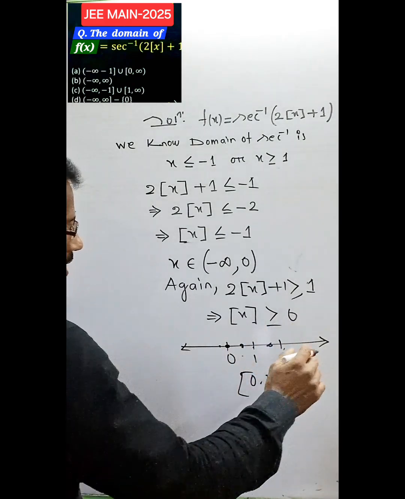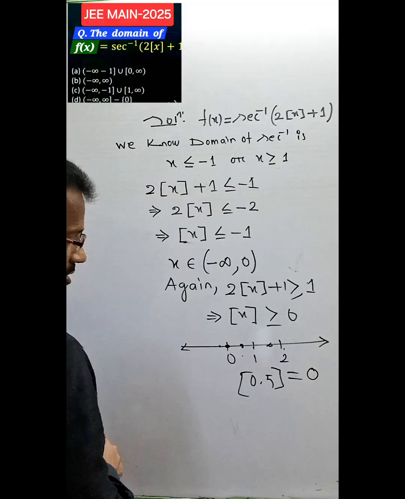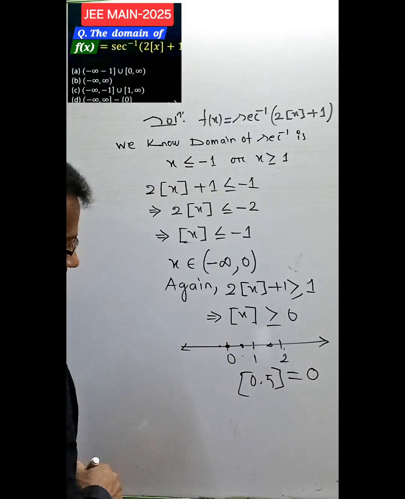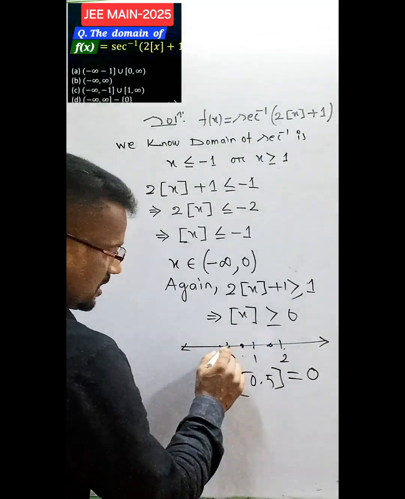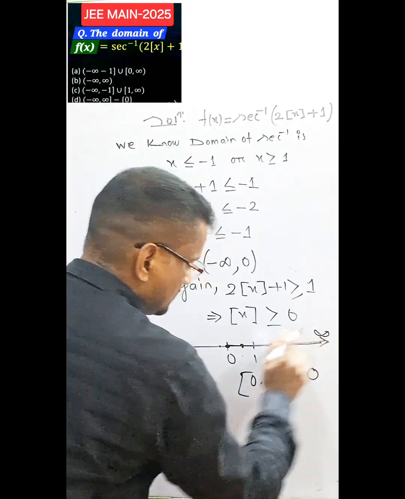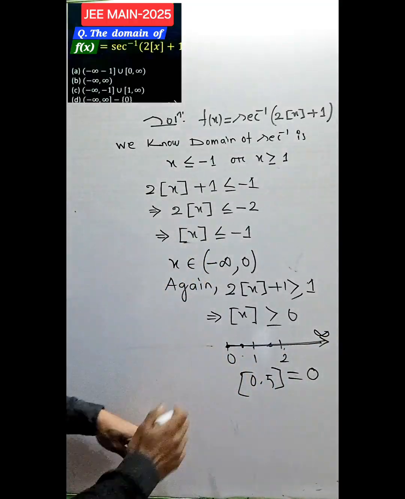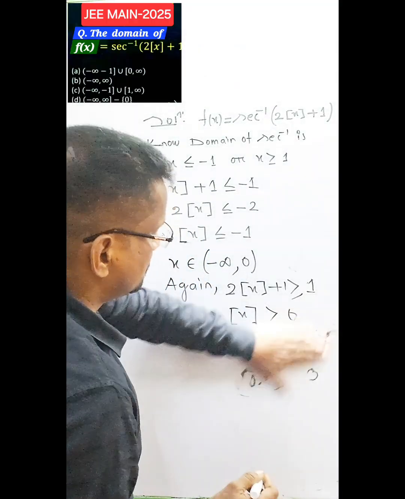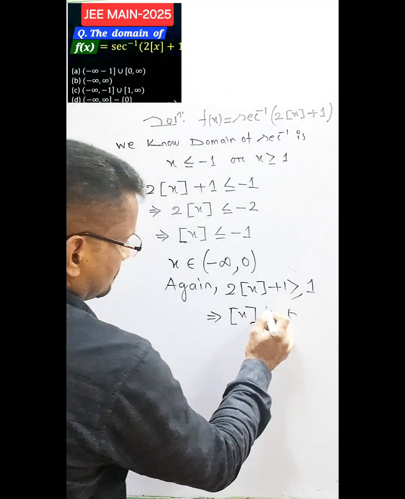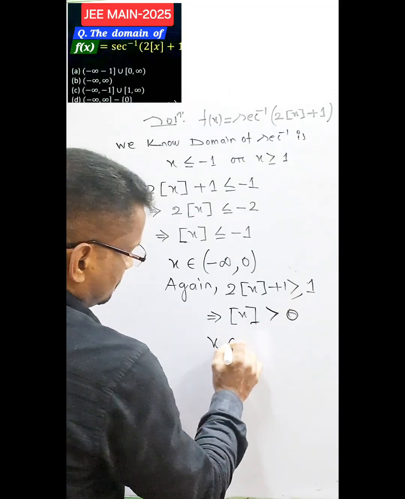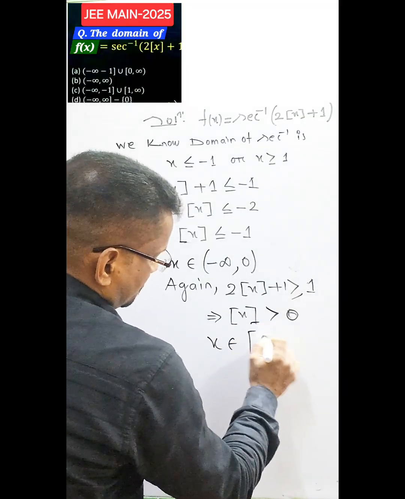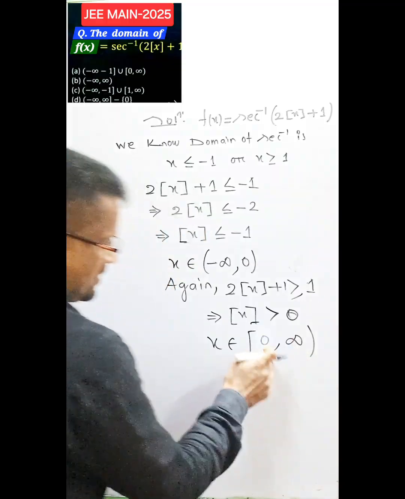So all the real values of x for which this is greater than or equal to 0 is nothing but starting from 0 to infinity. So from here you can say x belongs to 0 to infinity. So 0 is included here.